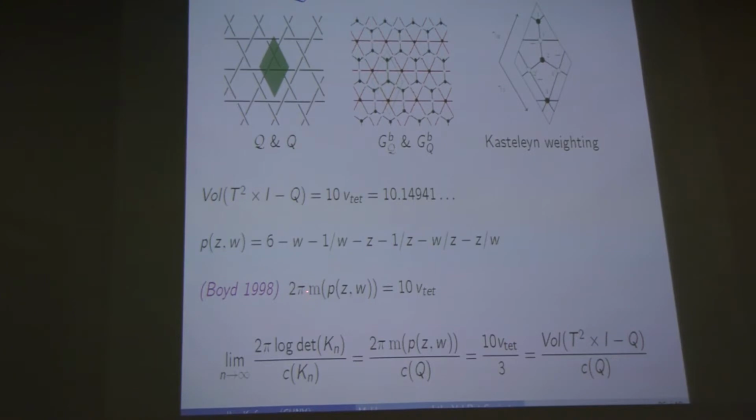Then the similar computation by Boyd gives us that 2 pi times the Mahler measure is exactly 10 vtet again. And so in this example, the limit of the determinant densities is equal to 10 vtet over 3, because there are 3 crossings in the fundamental domain, which is the volume density of the triaxial link. The little miracle occurs again.